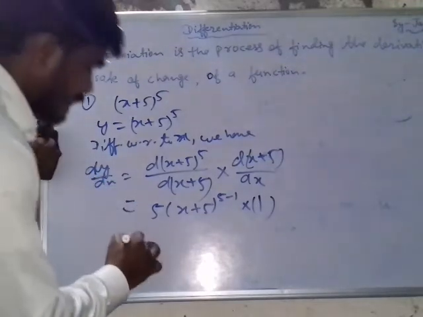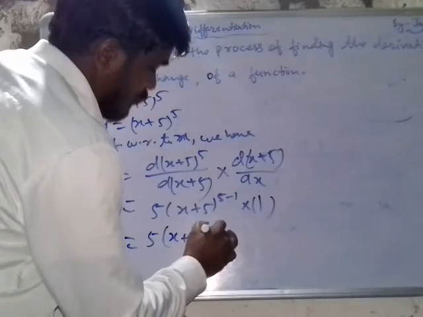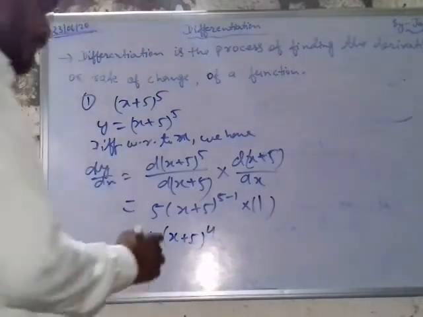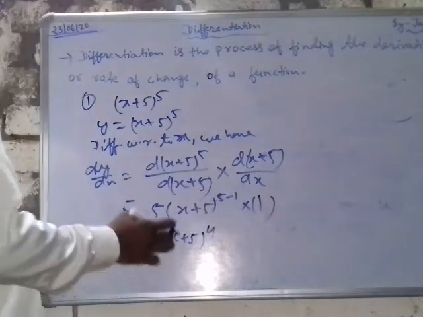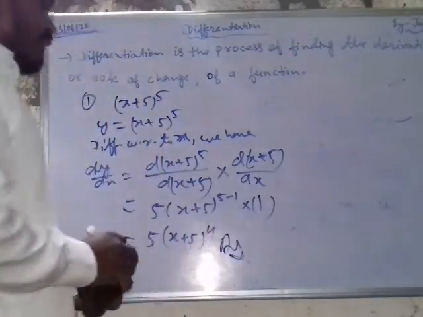So we write 5 x plus 5 to the power 4 into 1 into 5, and this is the answer for this function.